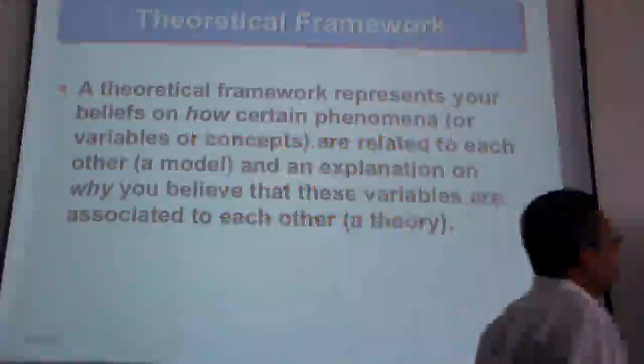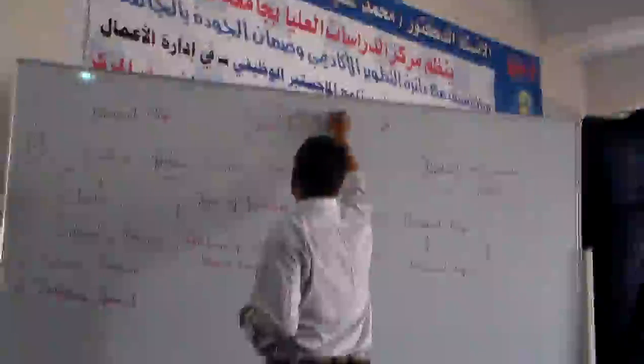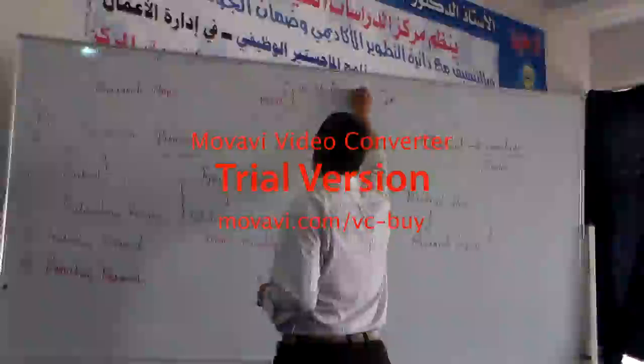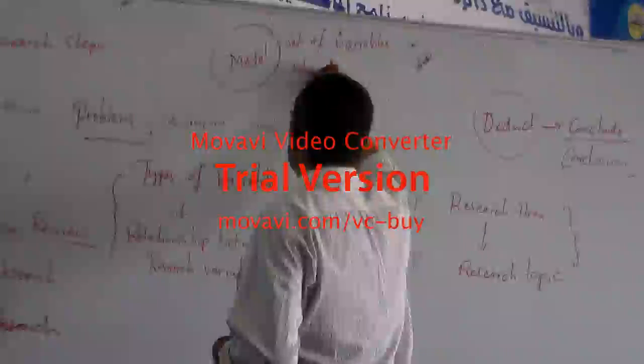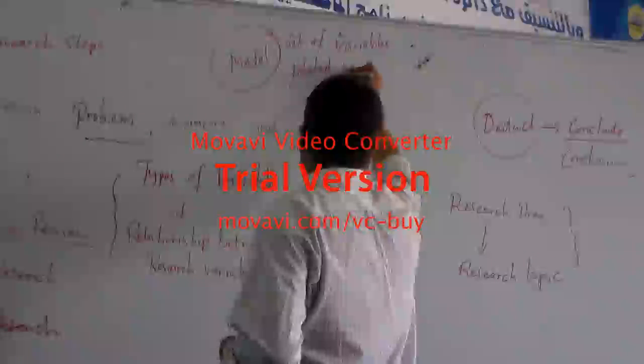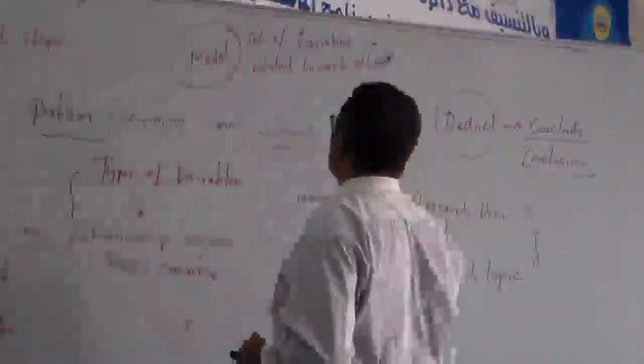So we have a model. A model is a set of variables related to each other. This is what we mean by model.